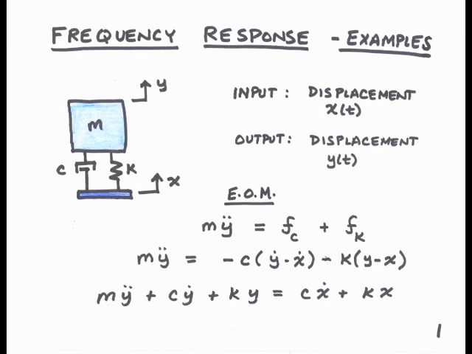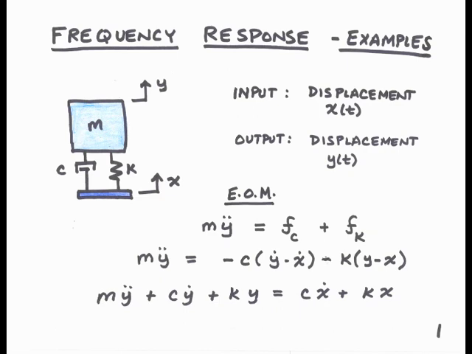The equation of motion is, of course, the mass times the acceleration equals the sum of the forces, or m y double dot equals Fc plus Fk, where Fc is the force produced by the damper, and Fk is the force produced by the spring. As we found before, we can find those quite easily.